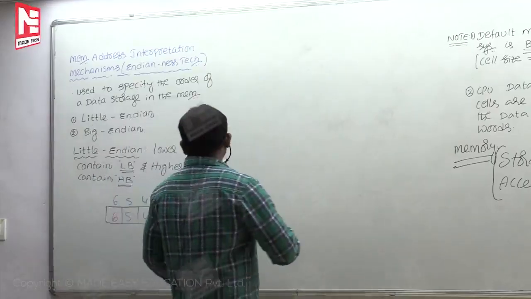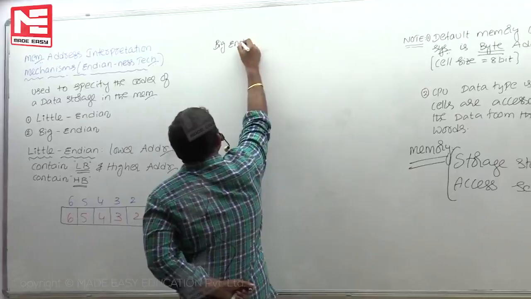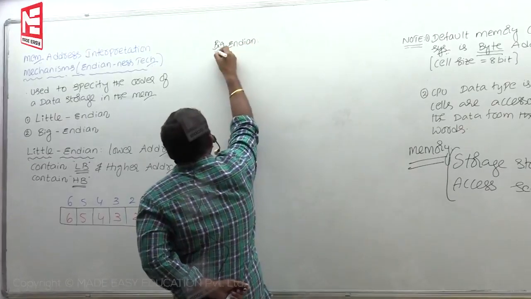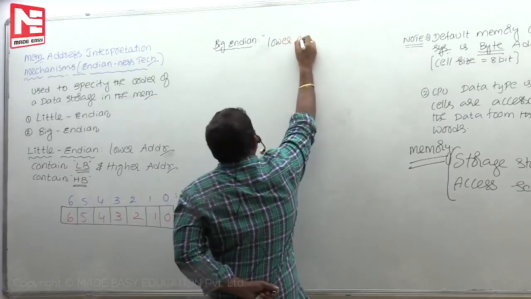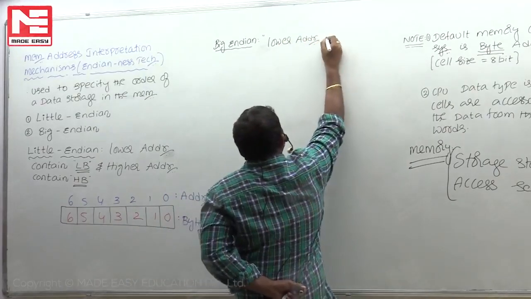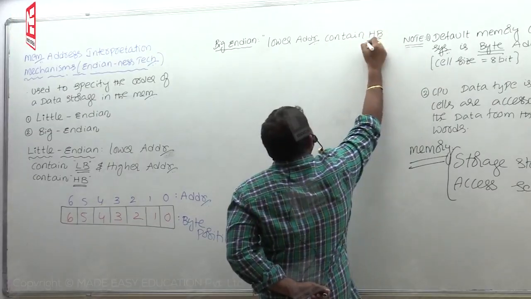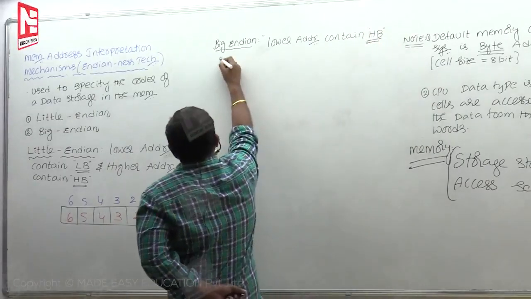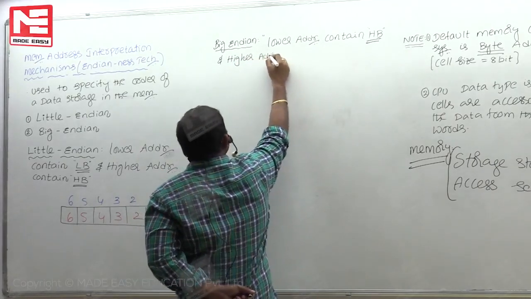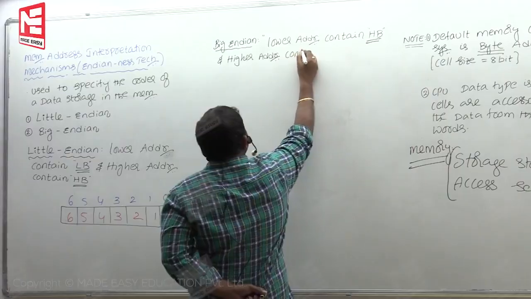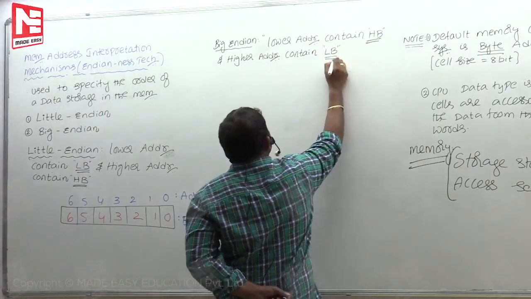Now big endian. Big endian means lower address contains higher byte HB, and higher address contains lower byte LB.